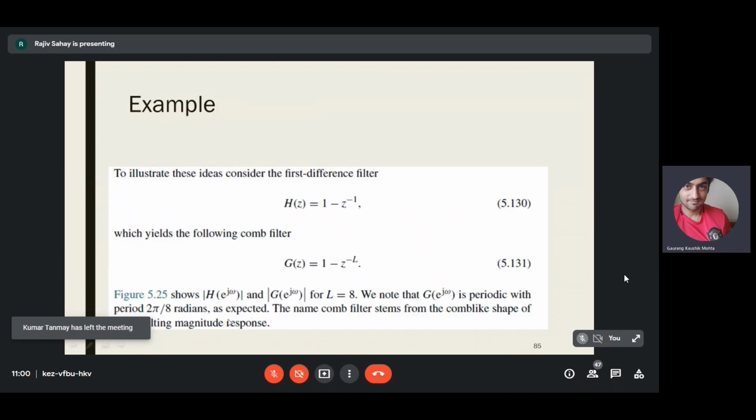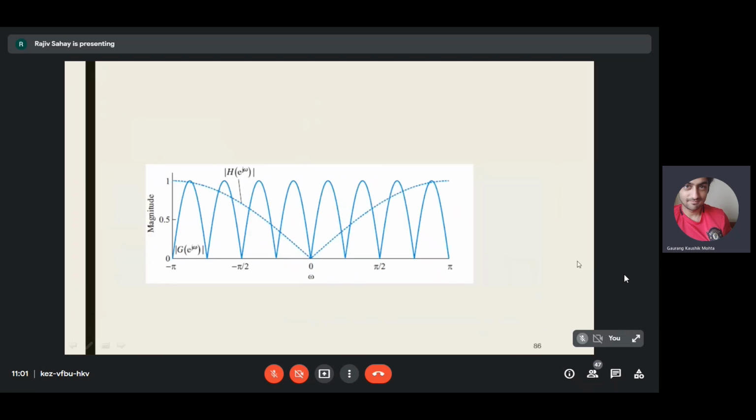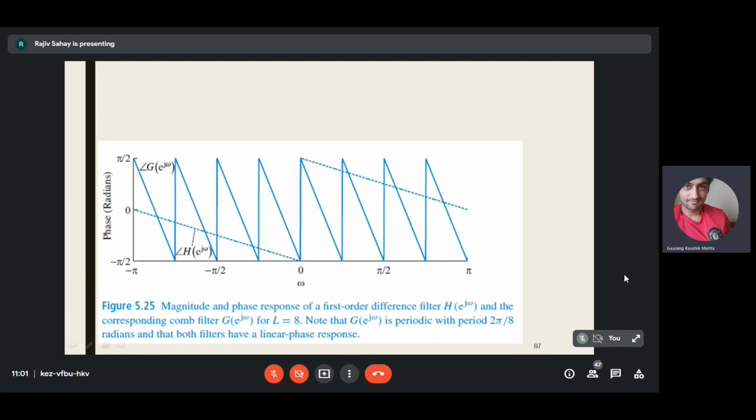So mod of H e^j omega is the dashed line, and mod of G of e to the power j omega is the repeated spectra, where G of z is equal to 1 minus z to the power minus L, with L equal to 8. This is the angle or the phase response.